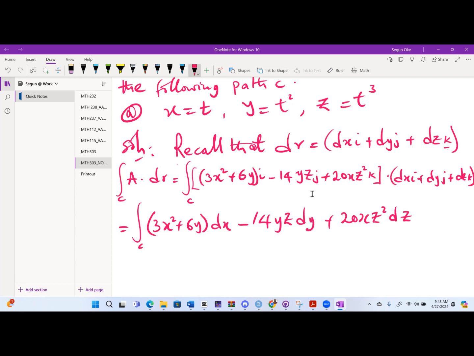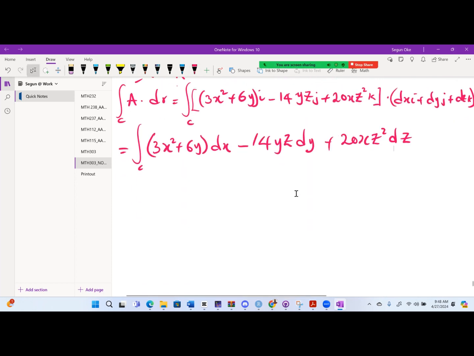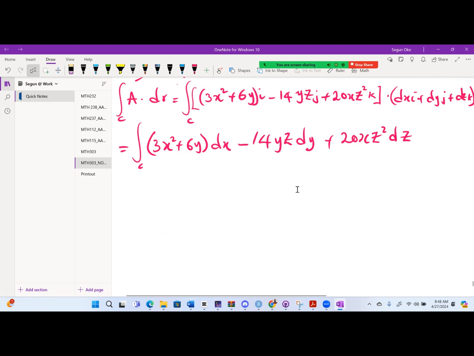If my A dot dr equals this, now how do I solve for part A?